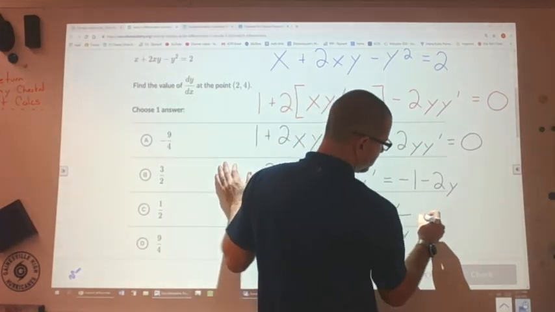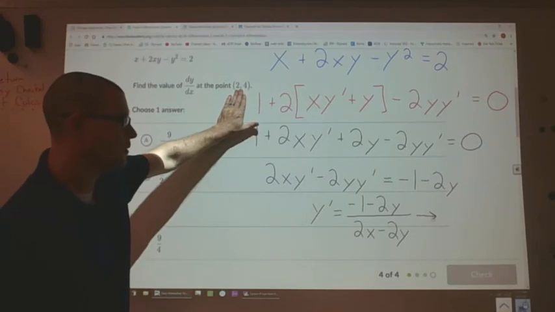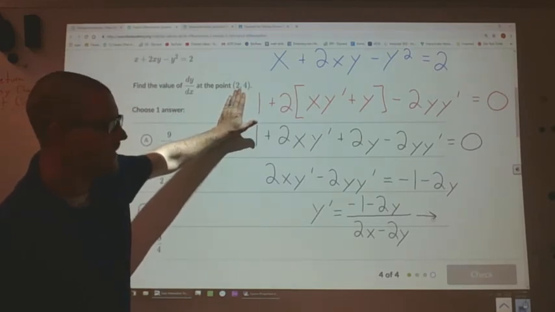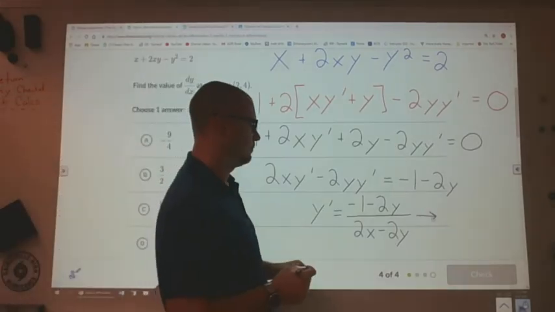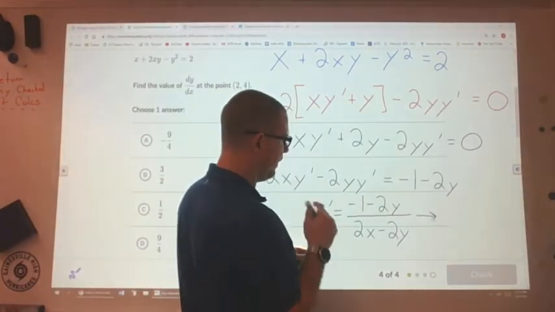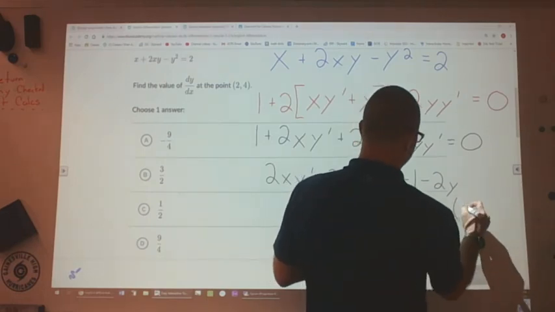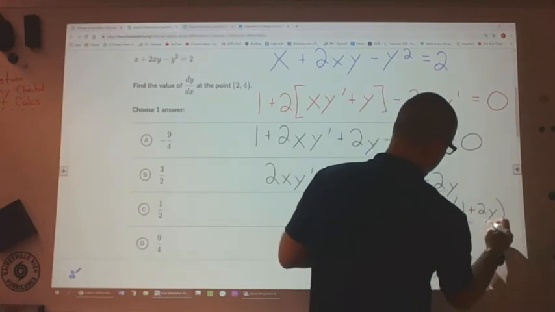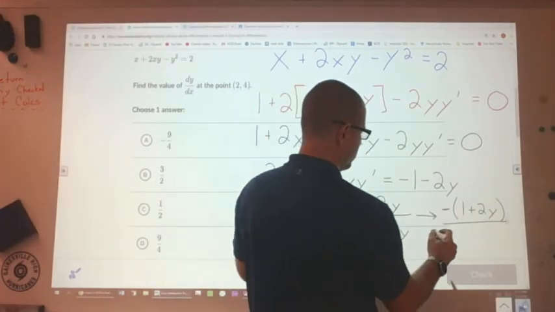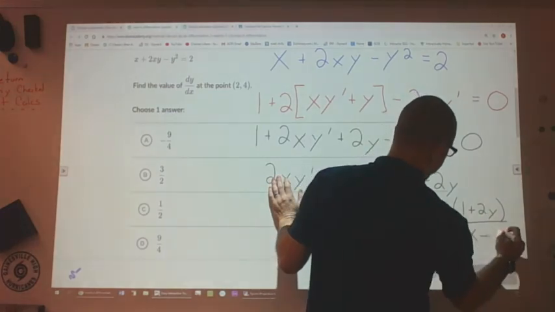Which we could do some simplification here too, but that's enough. We're going to plug in this point, 2, 4. So we don't really need to do any simplification. But I feel like I want to. So I'm going to factor out a negative here and make that 1 plus 2y. And I'm going to factor out 2 here and make that just x minus y.